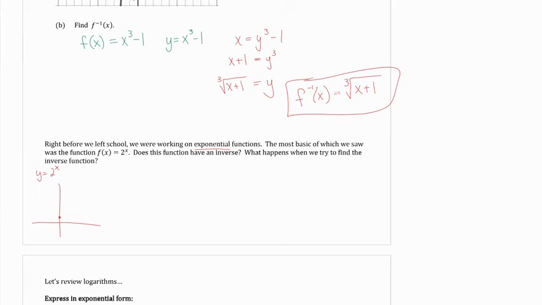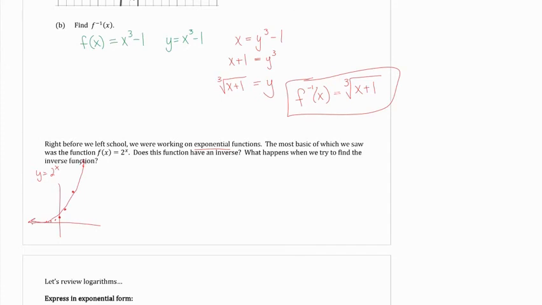If I do 2 to the first, I get 2. If I do 2 squared, I get 4. 2 cubed is 8, and it starts getting really big. And then negative numbers, we found that made us have fractions, and it just gets really close to that line but never crosses it. So our exponential function looks like that.